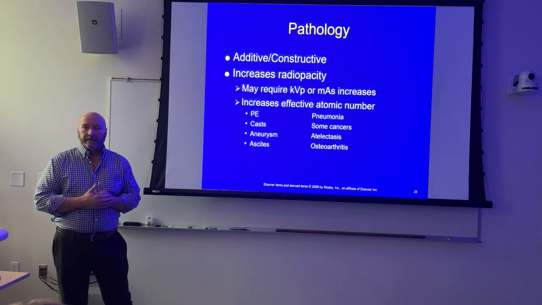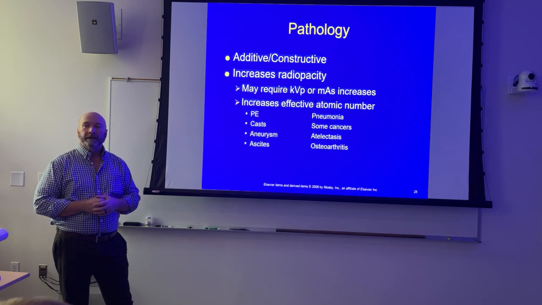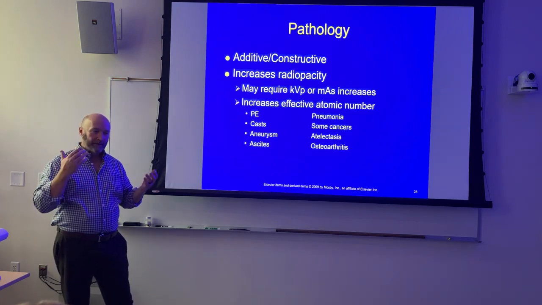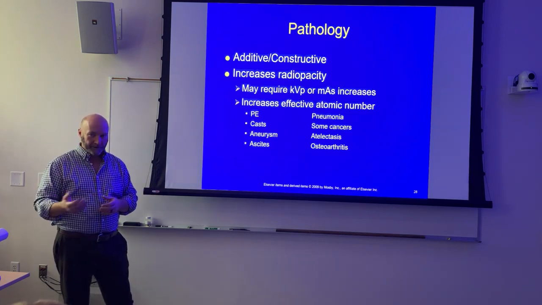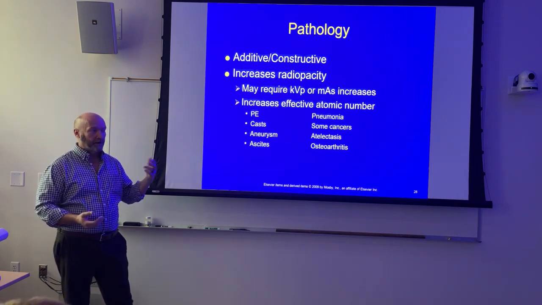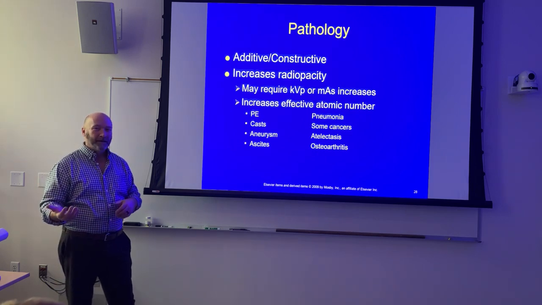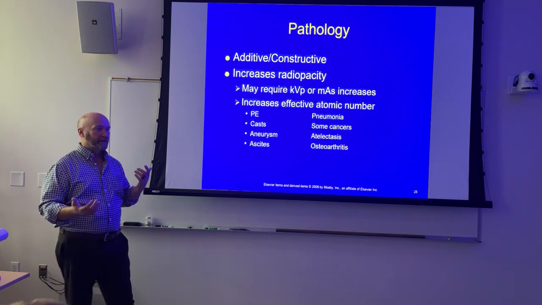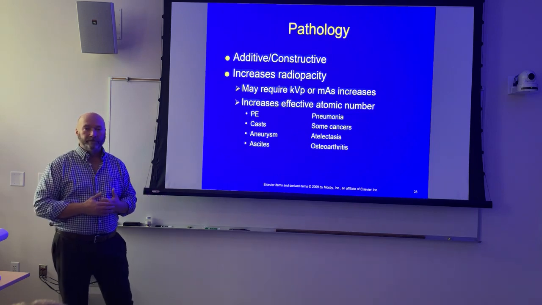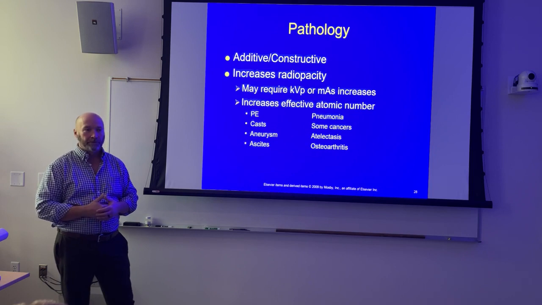Atelectasis. What is atelectasis? Collapse of the lung, right? We tend to associate that with a different condition, and the most common condition that causes the collapse of the lung is pneumothorax, right? But collapse of the lung is kind of like a broken rib, all right? So you've got a broken rib, but what's going on with the broken rib?